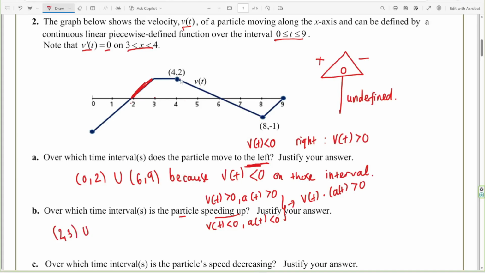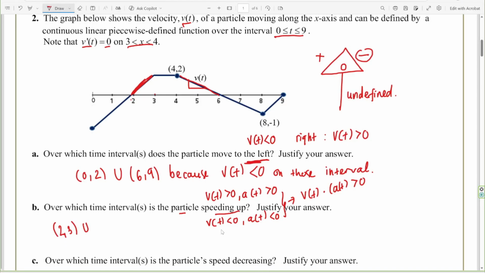Now this guy is above the axis, but a of t is less than 0, right? Because the slope right here is less than 0, right? Look at the Christmas tree trick right here, right? Now next one, v of t less than 0 and a of t less than 0, right? So v of t right here is less than 0, but a of t is greater than 0, right? Because the slope right here is positive, right?